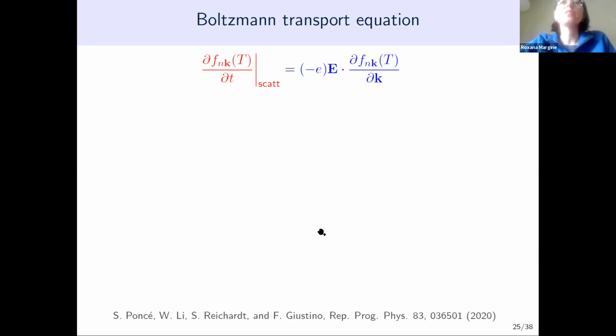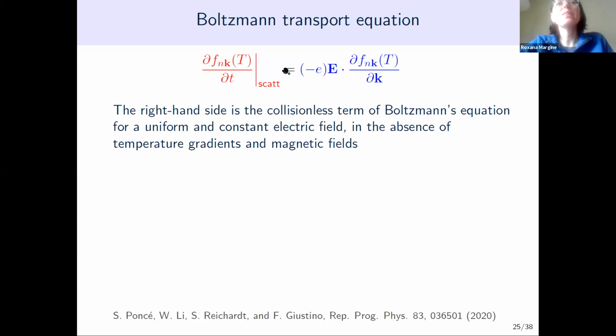Just to give you a quick understanding, the right-hand side in this expression is the collision term of the Boltzmann equation for a uniform and constant electric field in the absence of temperature gradients and magnetic fields.